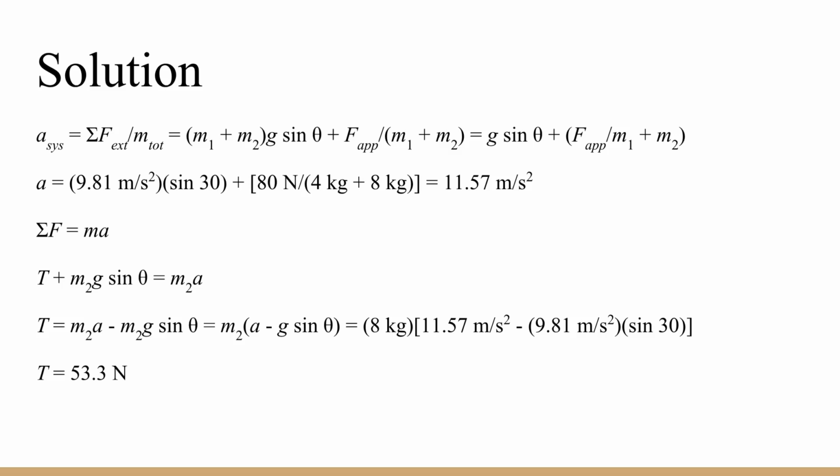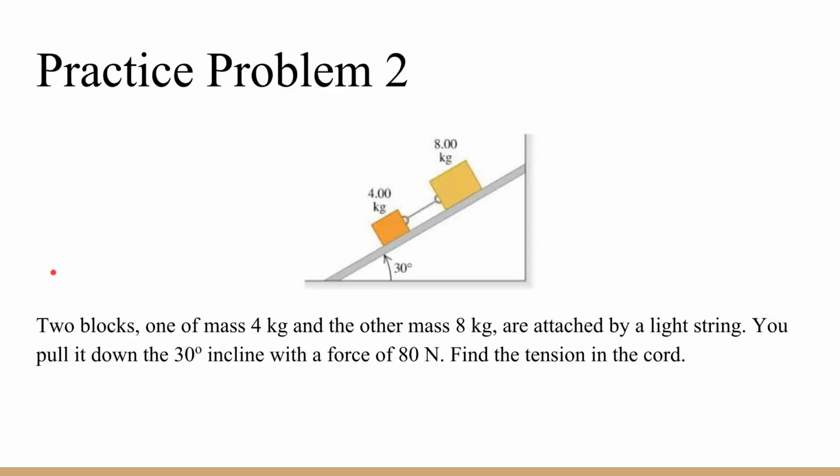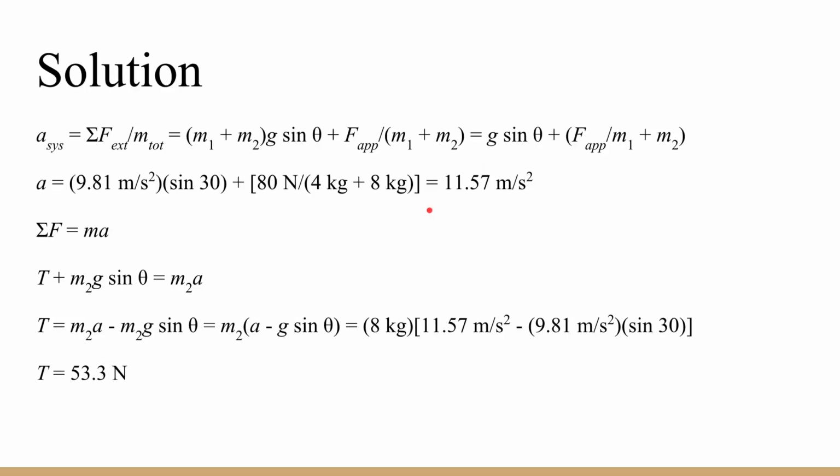So we're not done, we just found the acceleration. If you want to find the tension, what we do here is we apply the second law to only one block. We're going to choose this one because, well, it doesn't have the least amount of forces, but all the forces act in the same direction, so it makes it easier to keep track of the signs.